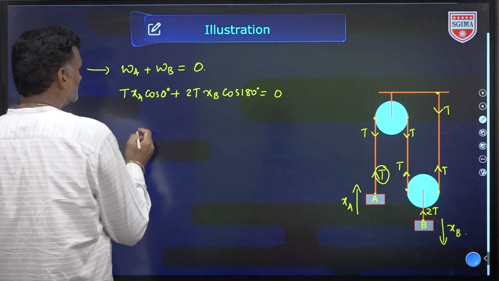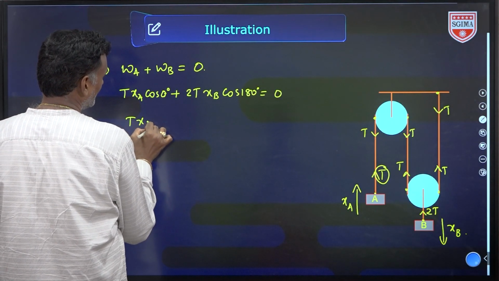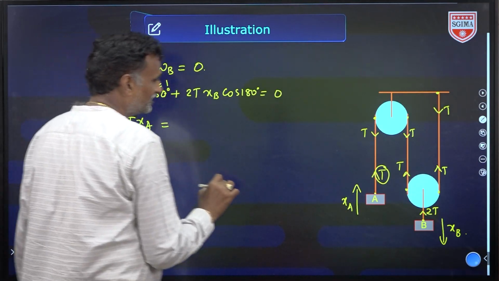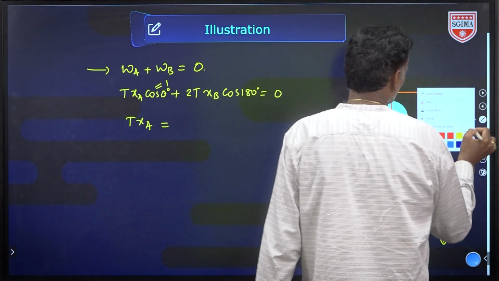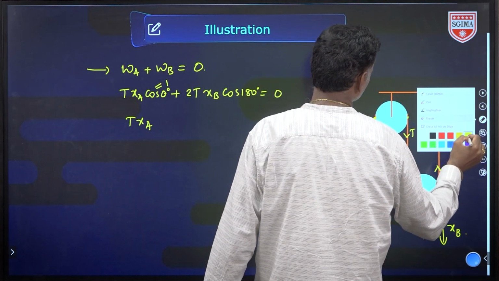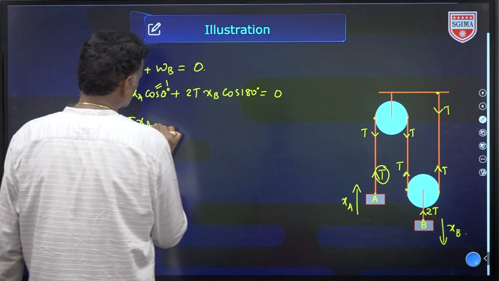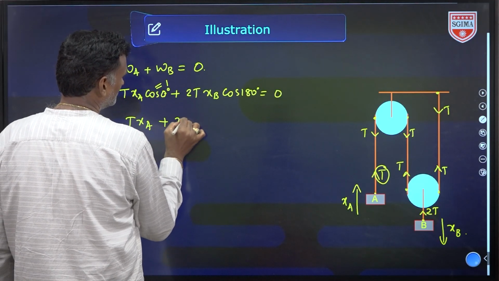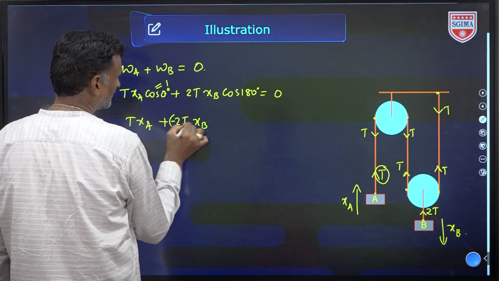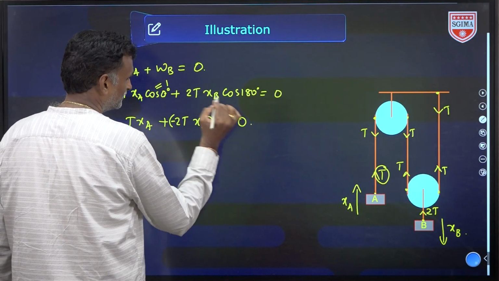So, here TXA, where cos 0 equals 1 only, sorry, here it is not equal, we just need to write plus 2T XB, here it is minus, so we can write it in brackets, equal to 0.